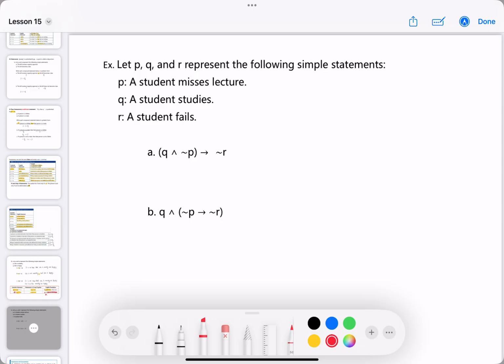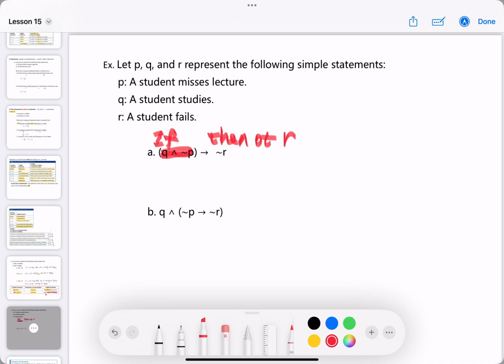Q, a student studies. R, a student fails. The first statement is the grouped statement. So this is if, the grouped statement, then not R. Okay, how to translate this?